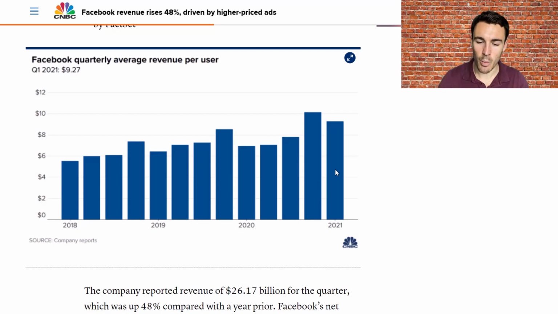So you have to discount that. What you need to compare is Q1 2021 to Q1 2020. Q1, the first quarter of the year, is typically the smallest. And you can see that there's a big old increase. We're looking at roughly $7 per user up to, well, you can see it's $9.27.